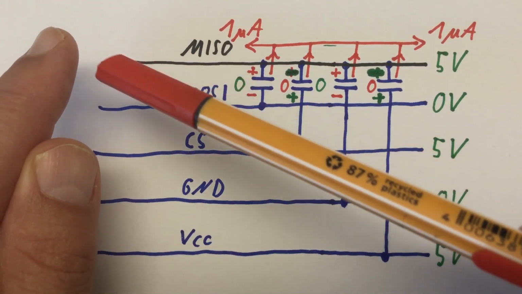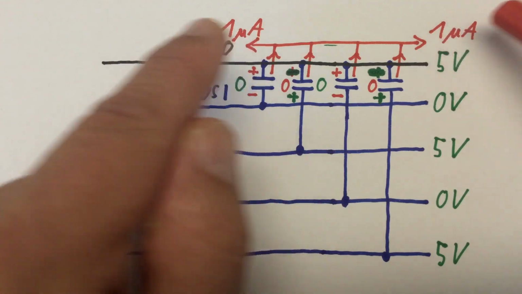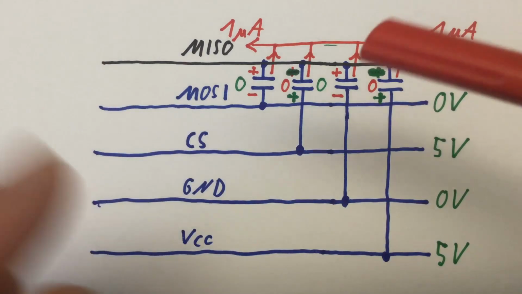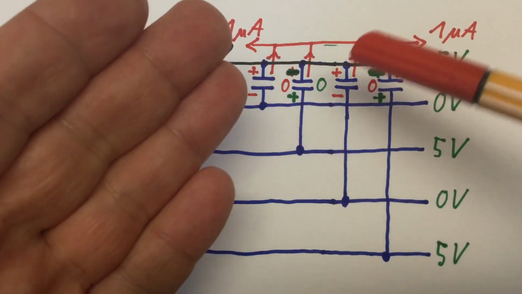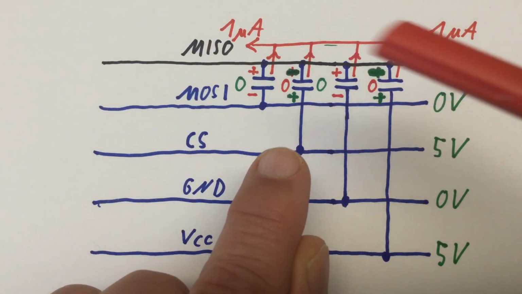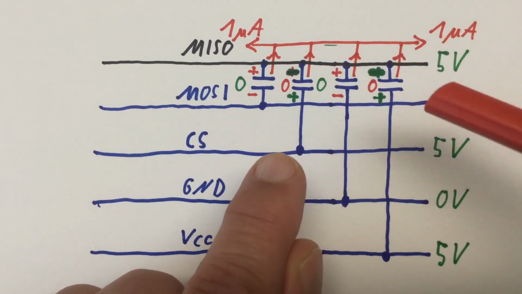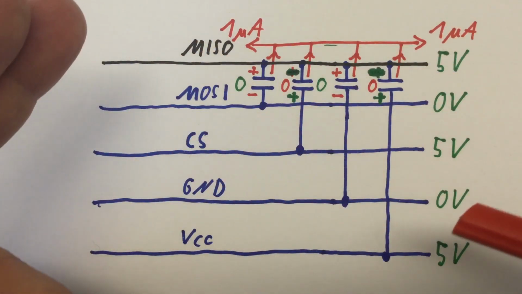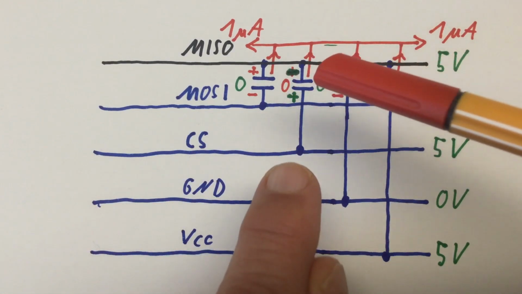Now, as the voltage decays away through the leakage currents in our connected chips on the master and slave outline, we of course discharge these capacitors here because they were initially charged. But we also have to charge up these capacitors here. They were initially empty, had no charge. But in our end state, so MISO completely decayed down to 0 volts, these capacitors have to be charged up.